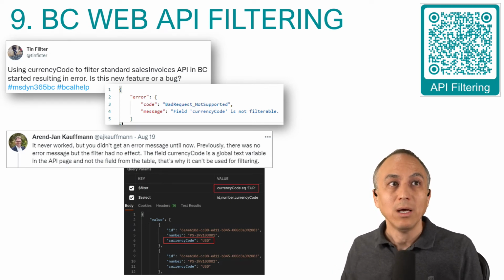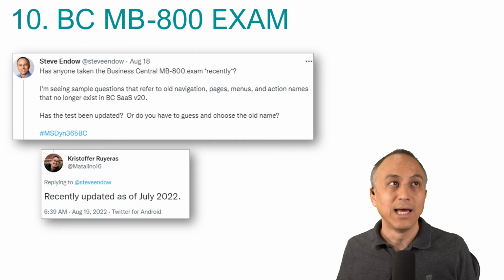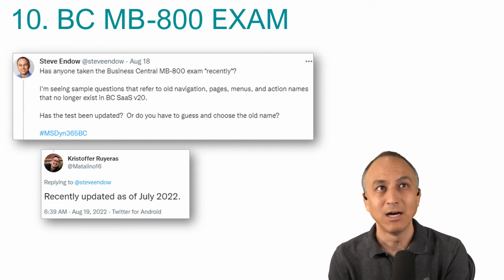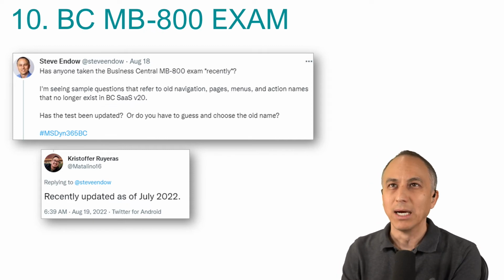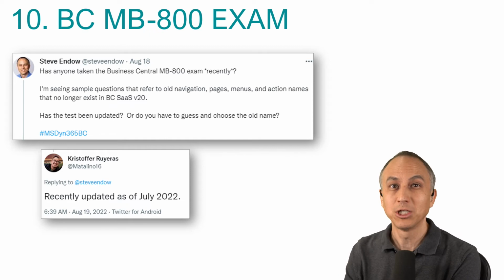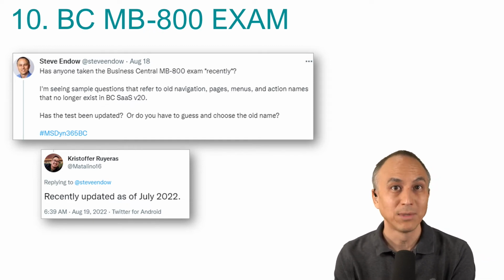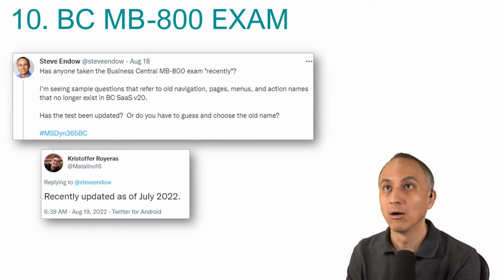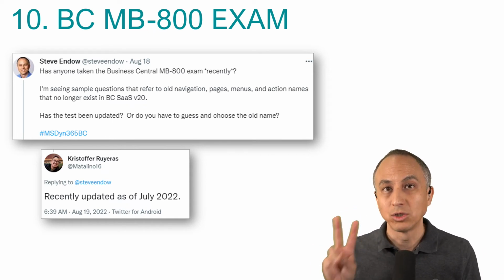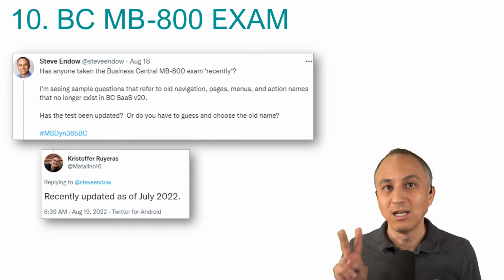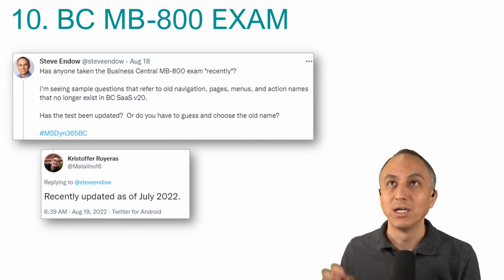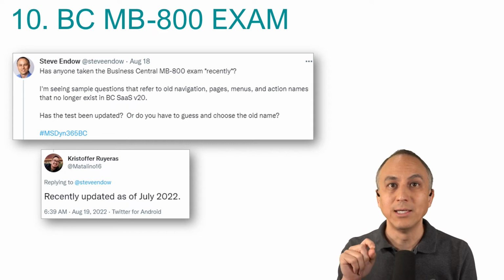So, number 10, the Business Central MB800 exam. My understanding is that Business Central and Dynamics GP and other on-prem partners who focus on on-prem ERP are going to be required to have at least 2 certified individual, quote, employees who have taken the MB800 exam.